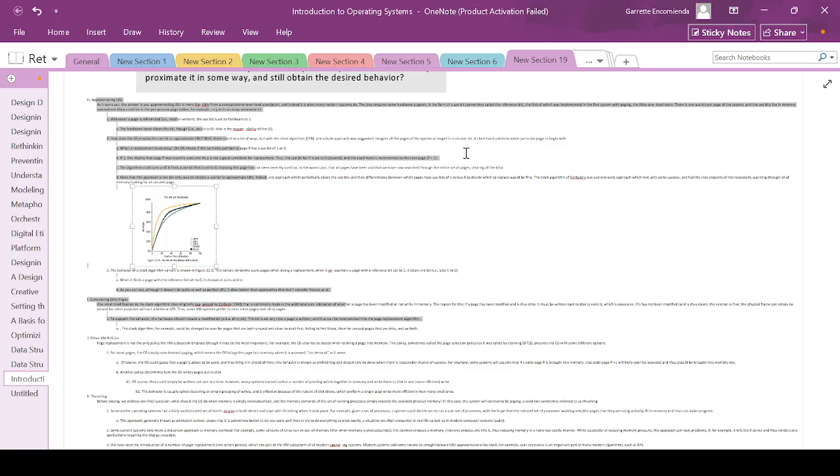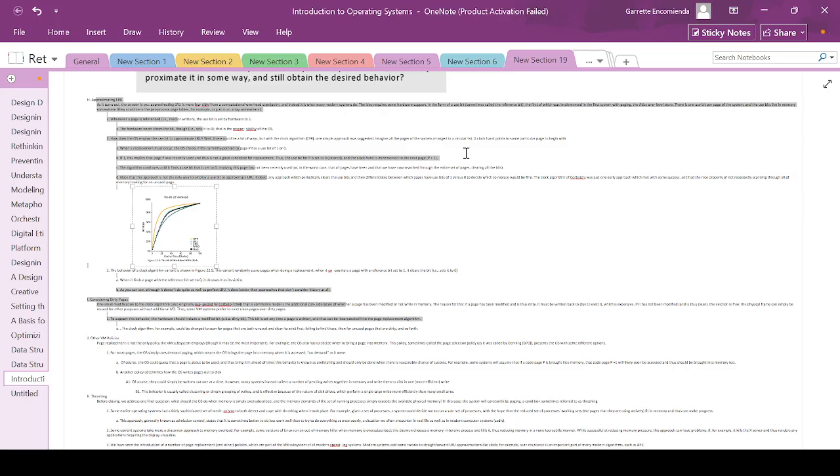And the clock hand is incremented to the next page, which is P plus 1. You may think that it goes about it randomly, but it actually increments to the next page.